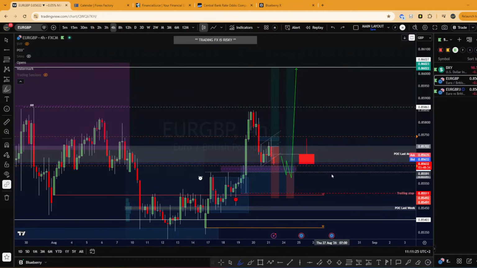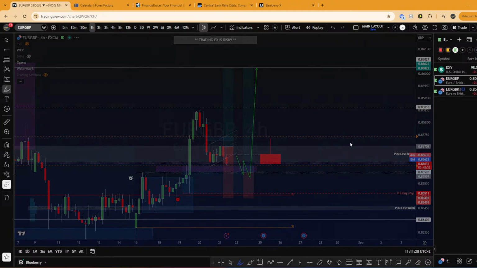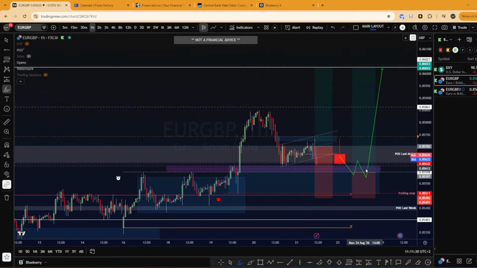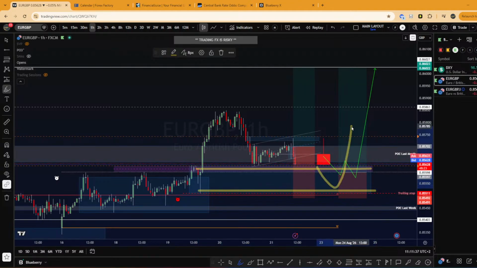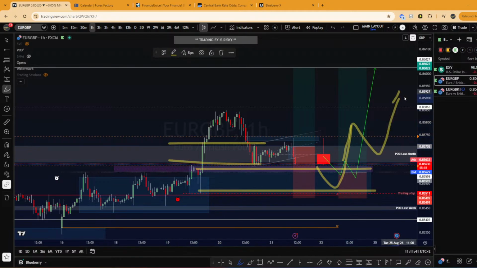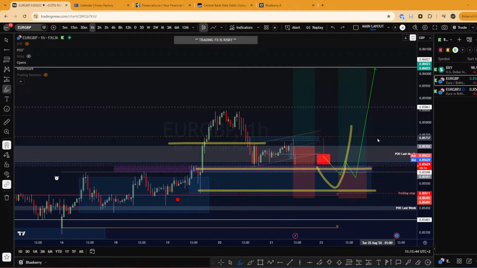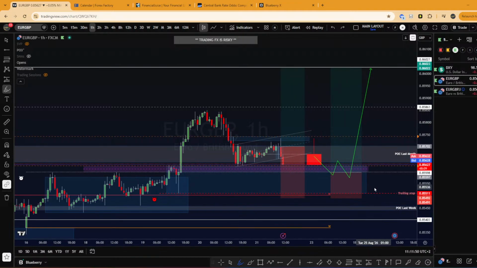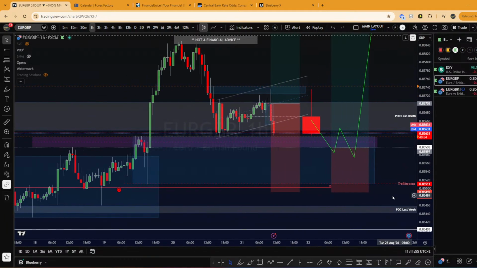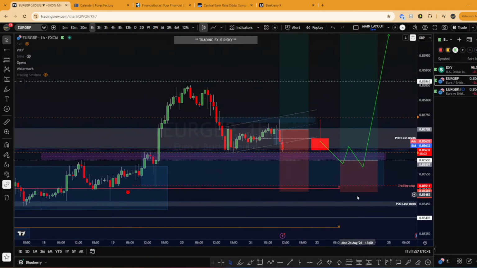Okay, so 1 hour time frame, yeah. I want to see how this demand will react. If this demand is strong enough to break this gray zone, this will be very interesting. If not, man, it's okay. I will take my loss and I will close the trade for this week.